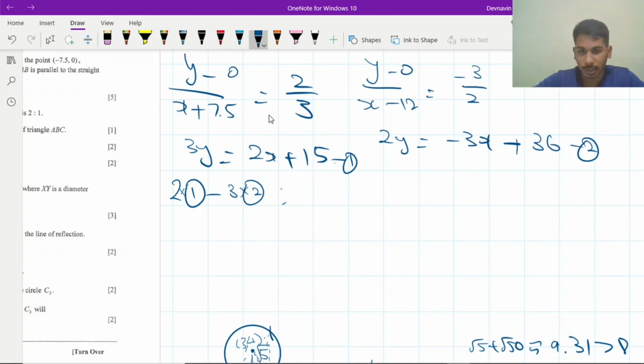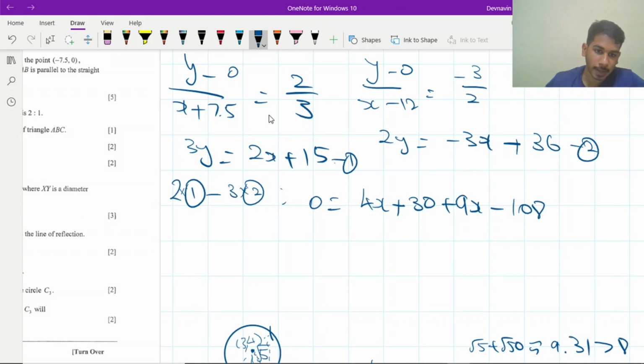That's going to give us 0 on the left hand side, equal to 2 times the first one, so 4x plus 30, then minus 3 times the second, which is plus 9x minus 36 times 3, 108. If we move around, 13x is equal to 78, and then x is equal to 6. There we go.